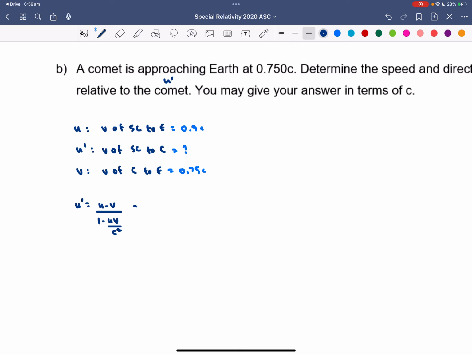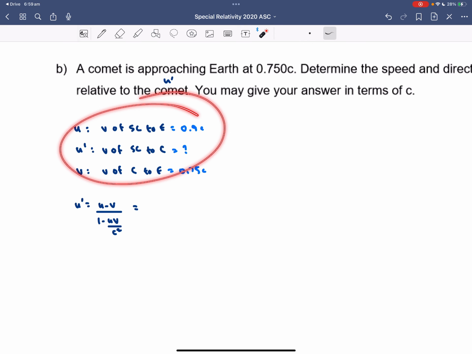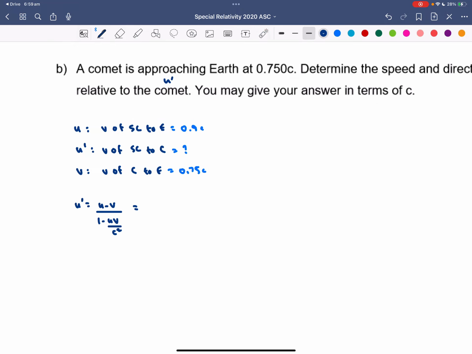And now number plugging. Now that I've done that, it's really, really easy to do the number plugging. u is 0.9 c, v is 0.75 c, on 1 take 0.9 c times 0.75 c all over c squared. c squared crosses out.